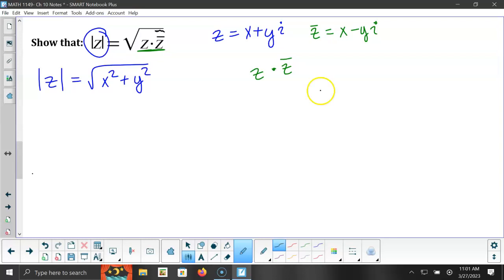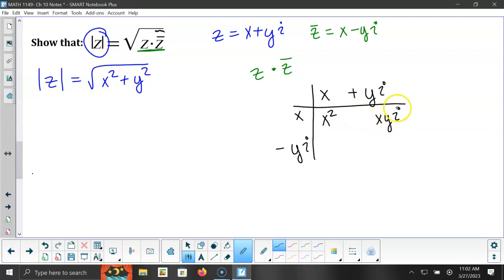It's going to be alphabet soup, but it's manageable. So I've got x squared, xyi, minus xyi, minus y squared, and i squared.